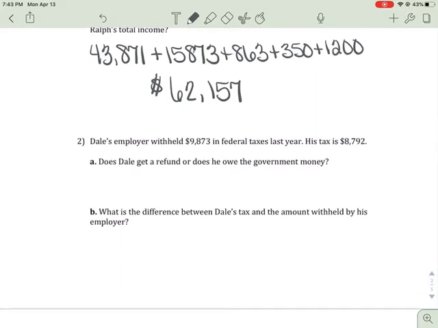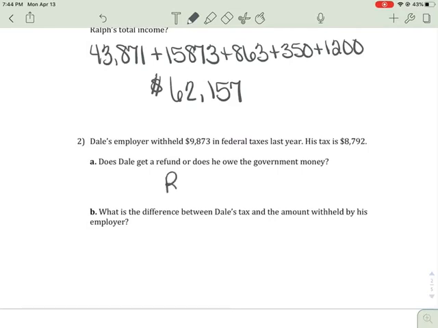All right, let's try this next one. So we have Dale here, and his employer withheld $9,873 in federal tax last year. But when he figured out how much tax he owed, it was $8,792. So the question is, does he get a refund or does he owe? If you look, his employer paid more than what the government says he owes.